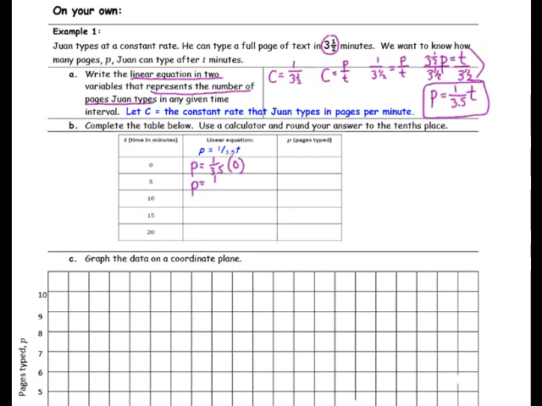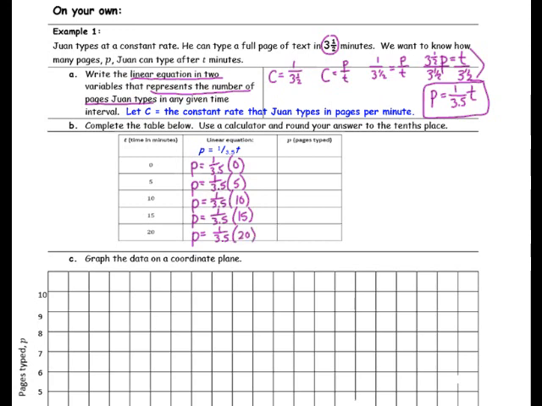P is equal to 1 over 3.5 times 5 minutes. The number of pages typed is equal to 1 over 3.5 times 10 minutes, then times 15 minutes, then times 20 minutes.